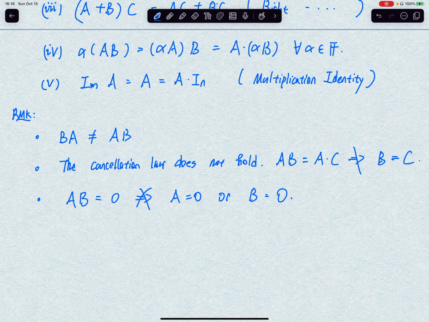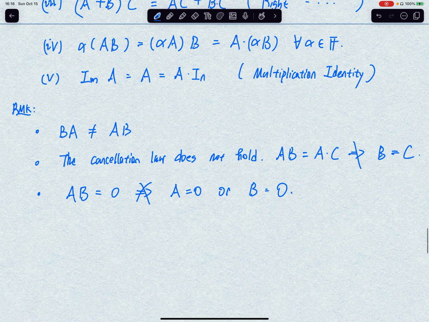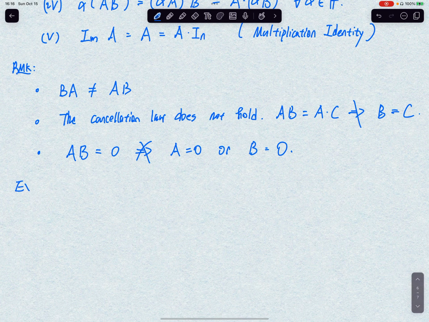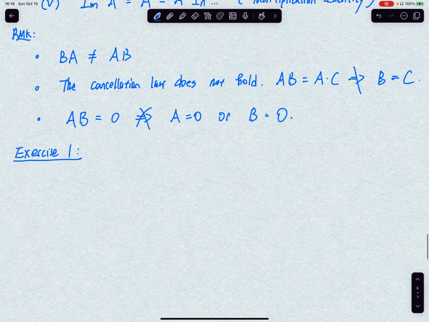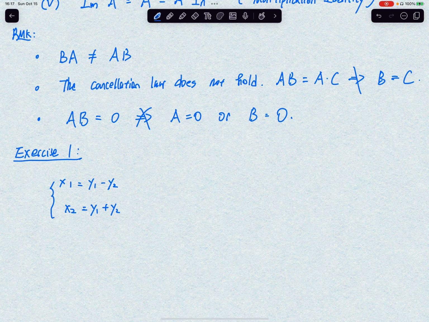And let us see an example of why matrix operation is so powerful in solving linear systems. This is the motivating example. So suppose we're considering x1 equals y1 minus y2, and x2 equals y1 plus y2.